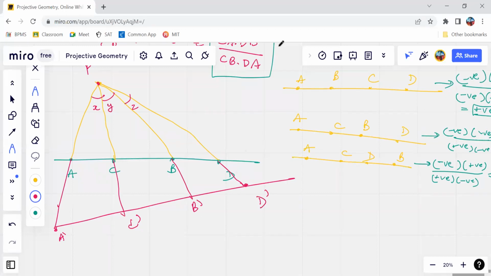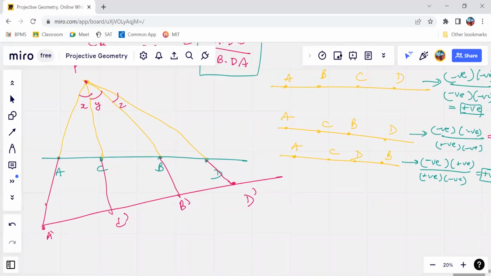This is called taking perspectivity at a point. And this is written as this. So you have AB semicolon CD. And when you're taking perspectivity at P, you write it like this.